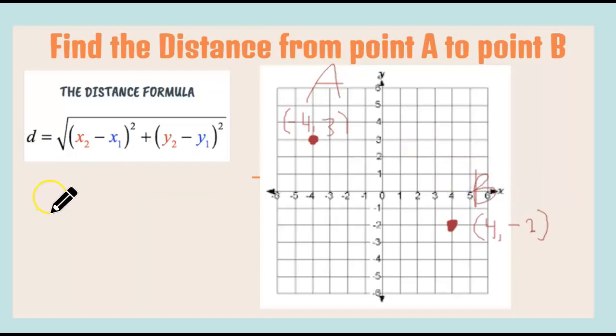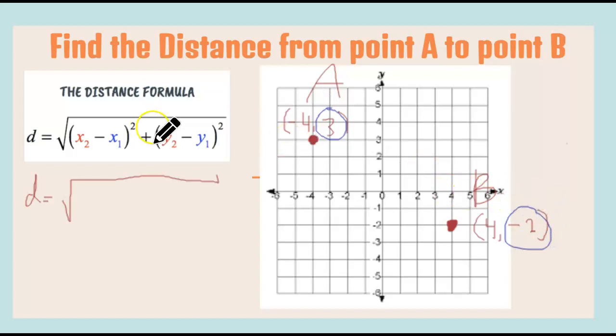Alright, so let's use the formula. So distance will be the square root of, let's identify which are x1 and x2. We could make our x red, and let's say this is our second point, the y.